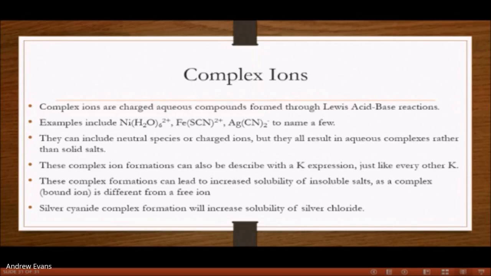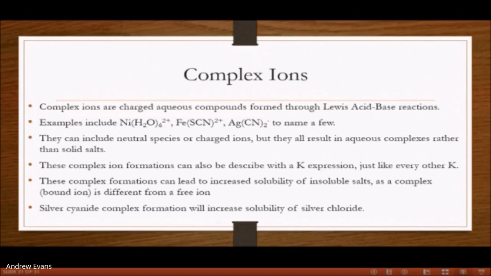And so we have a K expression for the formation of these guys. They could be neutral species, they could be charged ions, but they're all aqueous complexes rather than solid salts, and they would essentially have a K expression like anything else.